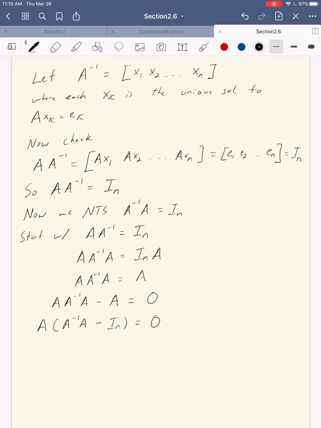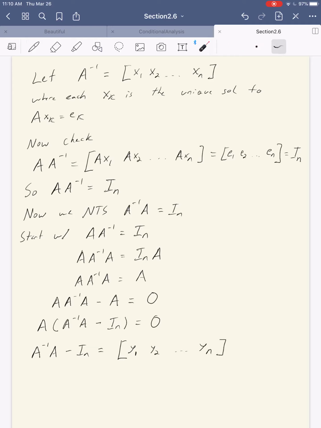All right, so now we're going to give a little name. We're going to do the same trick that we've been using, thinking about matrices as a collection of column vectors. So we're going to have A inverse A minus I_N, and we're going to think about it as the matrix y1, y2, down to yn.